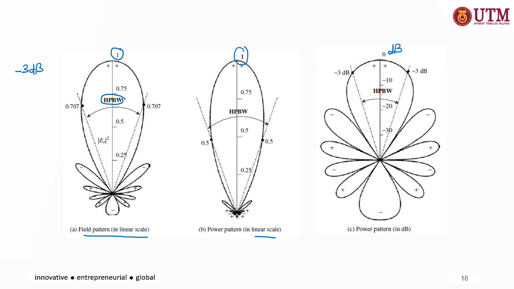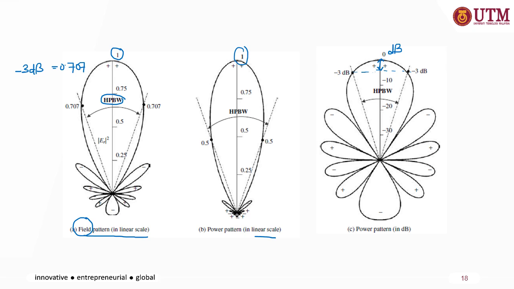So for the power pattern in dB, you may see the power reduced by 3 dB at the 3 dB point, in which the power has been reduced by 50%. And in linear, this 3 dB for the field pattern is equal to 0.707.